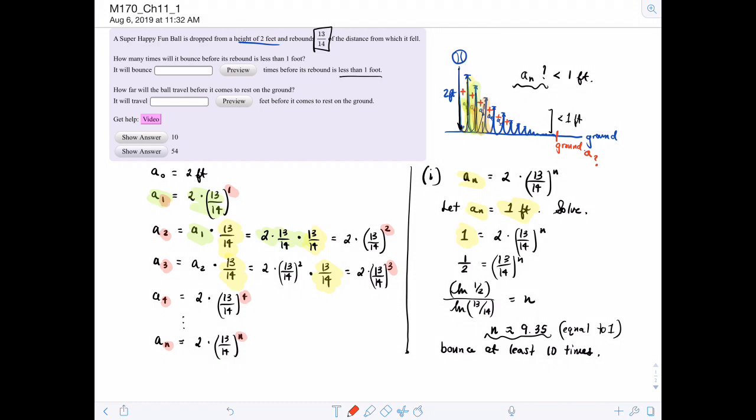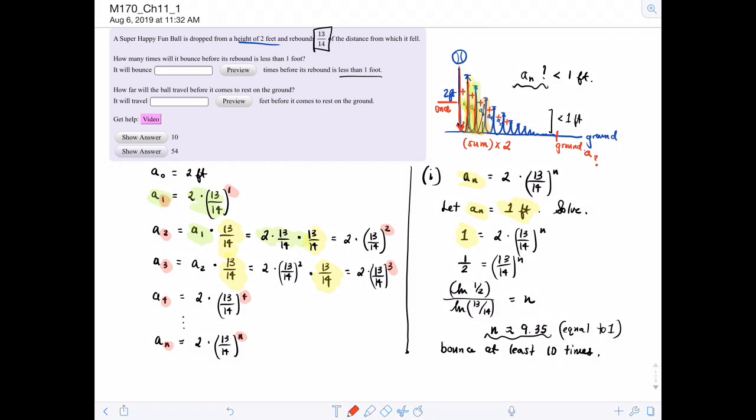But remember that it only went down once at 2 feet. Everything else is doubled, because whatever went up in a sub 1, it went down that way. Went up a sub 2, down that way. So we have to find the sum of the distances, but then we have to multiply that by 2 to get all the double bounces.